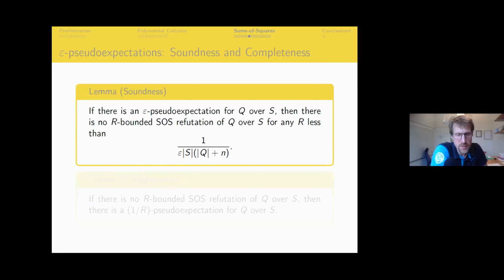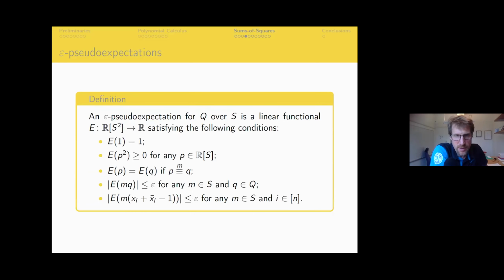Wait, this seems like a key technical novelty. The pseudo expectation is saying that the original axioms are almost true. Is that what you're saying? I mean, normally we would want them to be 0, would we?